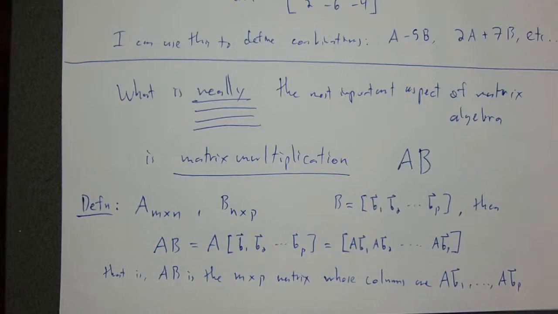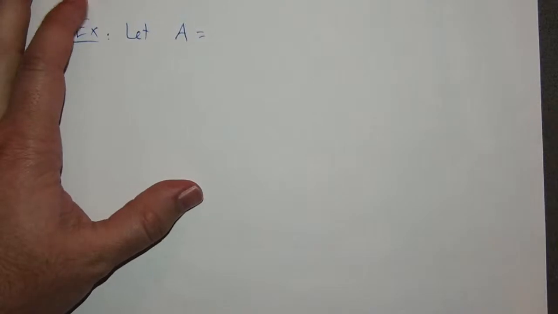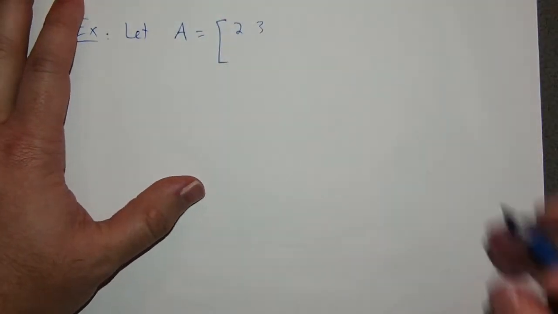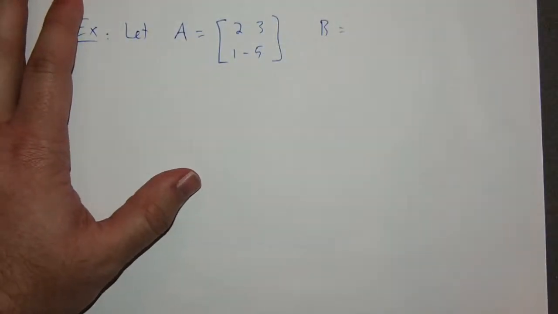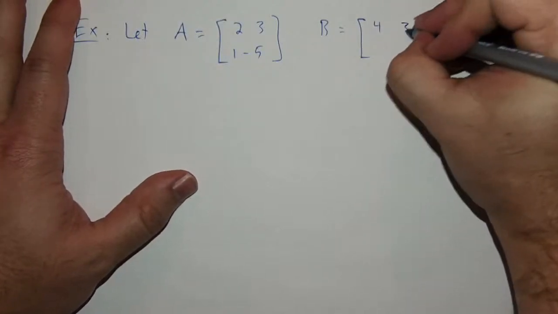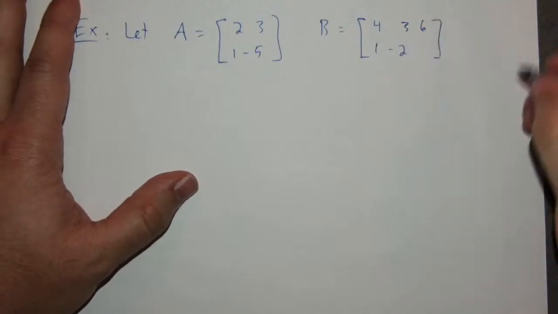Okay. So let's do a quick example and then we'll be done for today. Let A be the matrix reading row-wise 2, 3, 1, minus 5. And let B be the matrix 4, 3, 6, and in the second row 1, minus 2, 3.